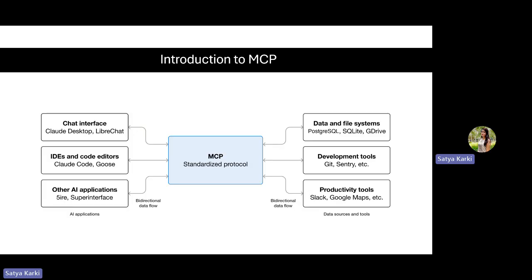Directly inserting data into the database is not a correct procedure; that may lead to security and other vulnerabilities. So MCP provides the standardized protocol that sits between the AI applications and the data sources.